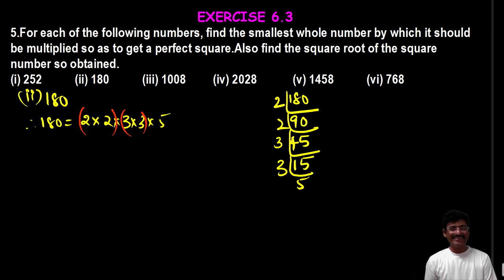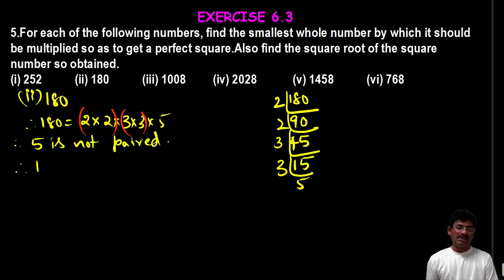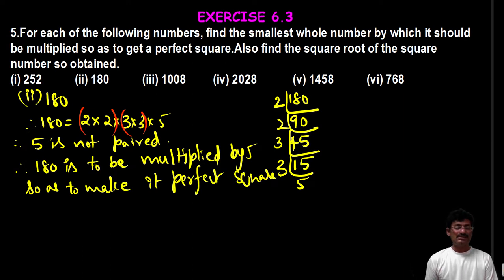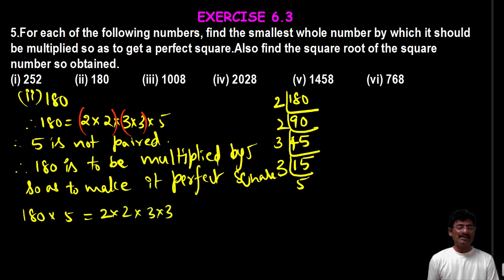Therefore 180 is to be multiplied by 5 so as to make it a perfect square. Now let us multiply. 180 times 5 is equal to 2 times 2 times 3 times 3 times 5.